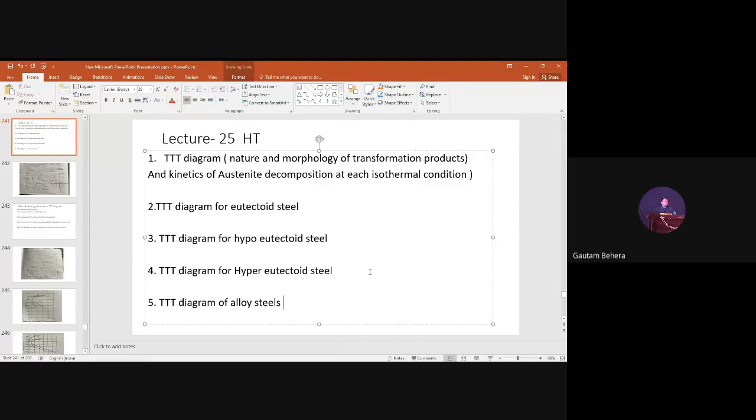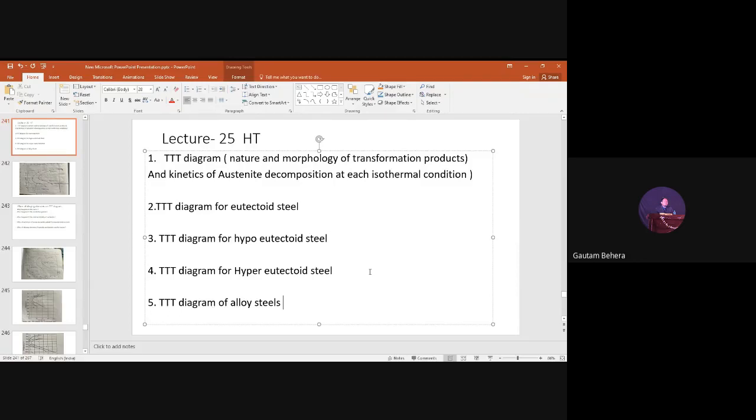And we saw that there is an incubation period, right? Incubation period is that period up to which there is no transformation, or transformation will not start or proceed. That is the incubation period.